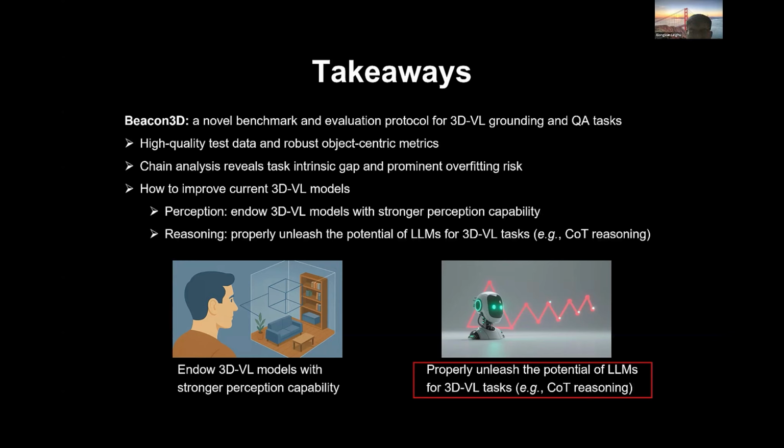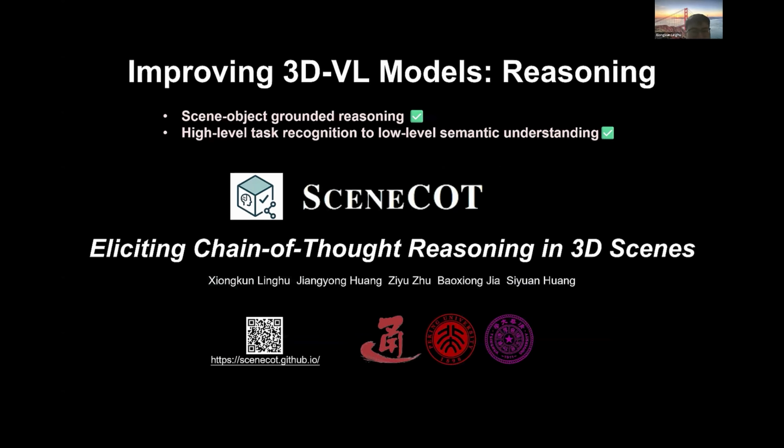It means that for complex reasoning tasks, the model can solve the problem step by step, such as with COT reasoning. So then I will introduce our recent work that leverages the COT reasoning technique to better solve 3D VL tasks.